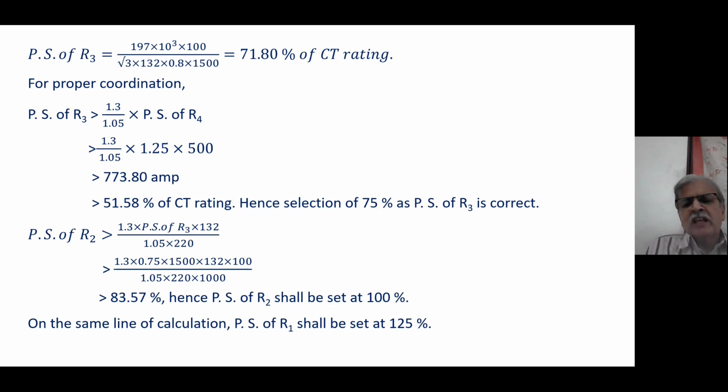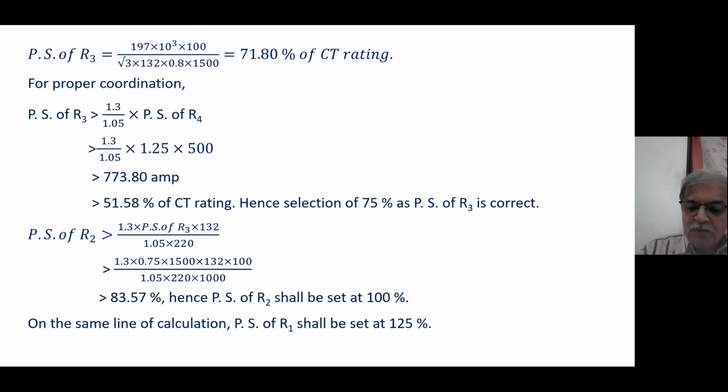And on the same line, PS of R1 is 125%. So my plug settings, my dear friends, are done, and I think you have understood. What all I have done is I have taken care that the rated current I should consider, and 1.3 divided by 1.05, whichever gives me a higher value with reference to plug setting.